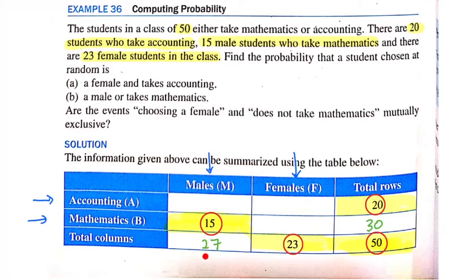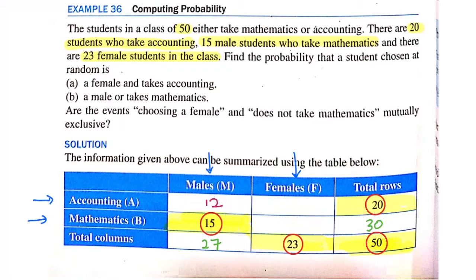Now let's look at this column here. The grand total is 27. This is 15, therefore 27 minus 15 is equal to 12. Now let's look at this row here. The total here is 30, and the number of mathematics for male is 15.